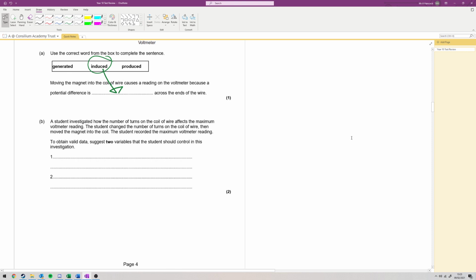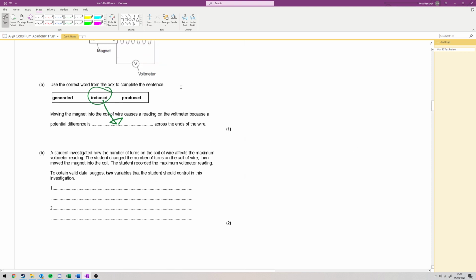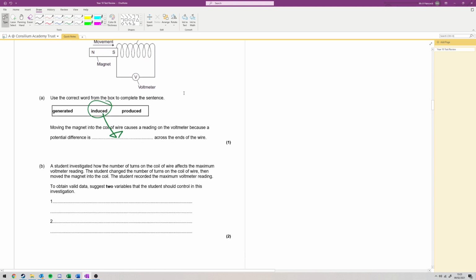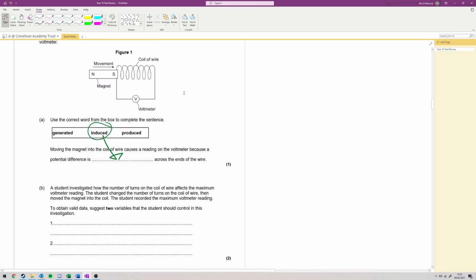Now, if we go up a bit, they've got a magnet, they move it into a coil of wire, and they change the number of turns. So the number of turns is the thing that changes. Everything else has to be controlled, right? So use the same magnet or the same strength of magnet. I'm going to put same magnet because if you change the magnet every time, it would affect your results.